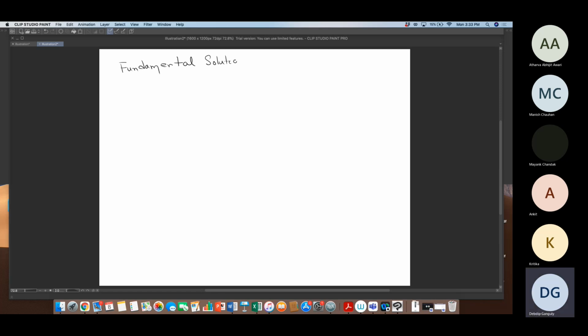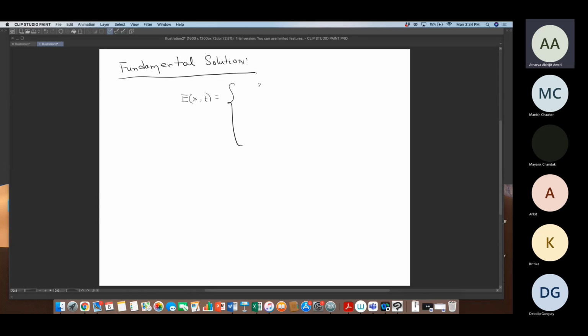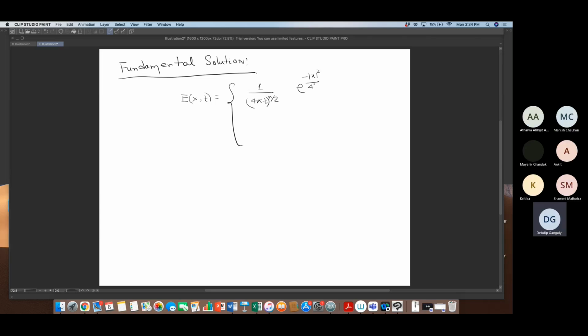It is 1 over (4 pi t) raised to n by 2 into e raised to minus mod x squared by 4t, for t greater than 0. So these play an important role, right?